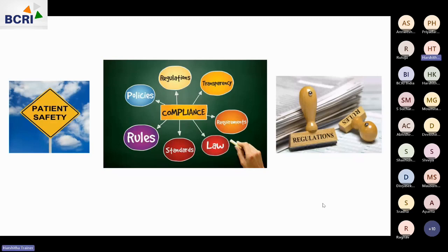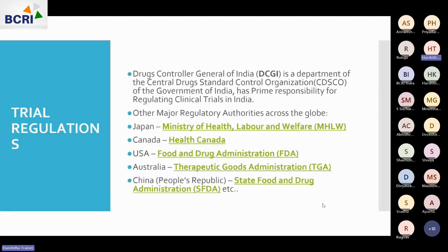So compliance is important, regulatory bodies and regulations are important. DCGI, Drug Controller General of India, is the regulatory body for India, and Japan has the Ministry of Health, MHLW, and Canada has Health Canada. USA is the Food and Drug Administration. So to conduct a clinical trial in these countries, for example Health Canada has to approve your study. Only then you can conduct a clinical trial.